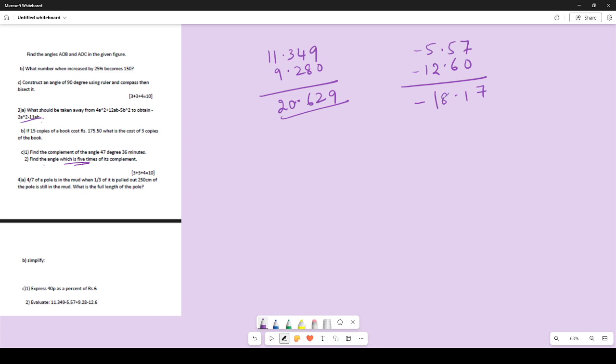Now this, remember, the sign remains the same. So what you are ultimately supposed to do is 20.629 minus 18.17. So you get 2.459. That should have been your answer.